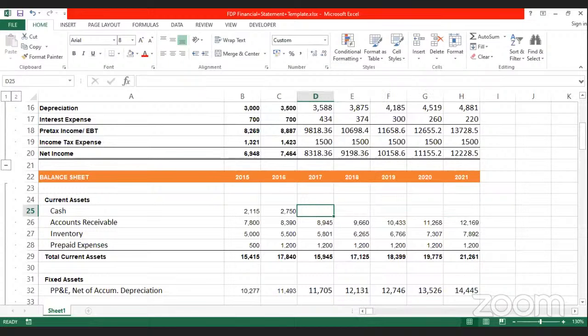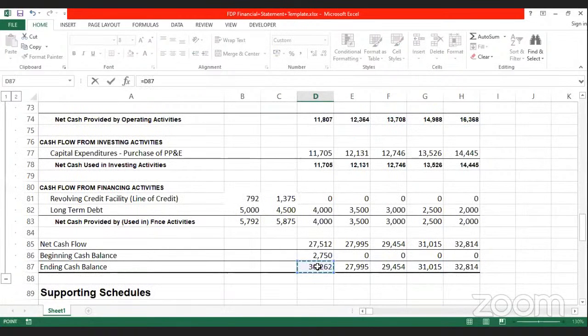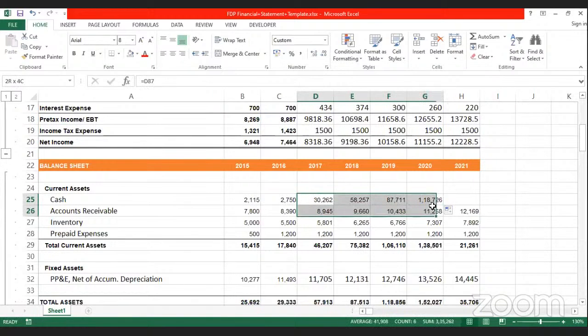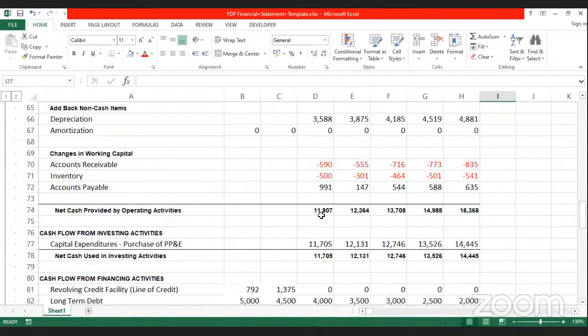The formula is getting pasted, is equal to. Here we are done with all the activities.